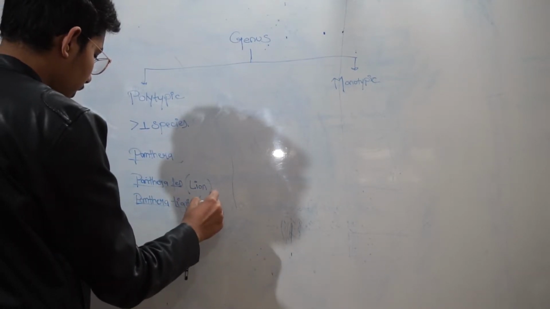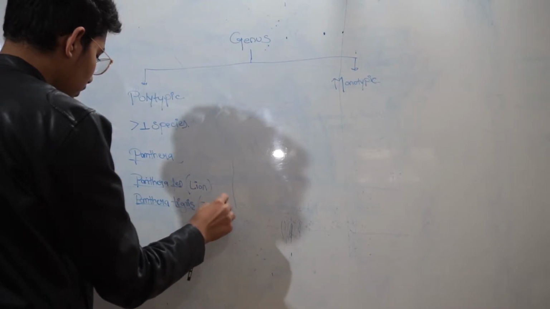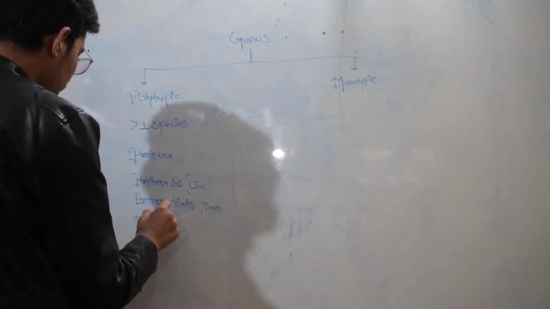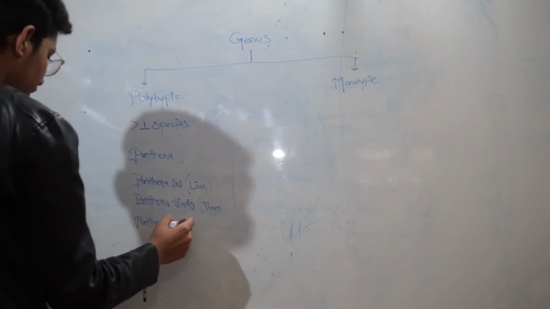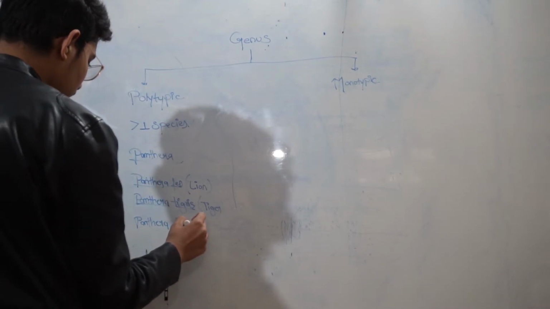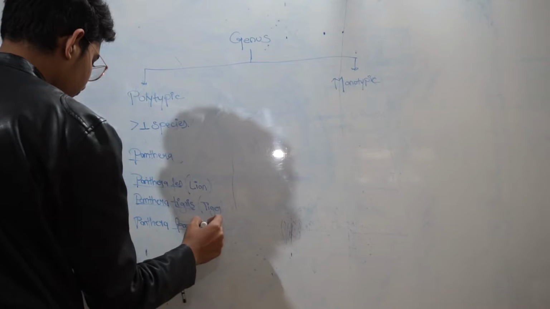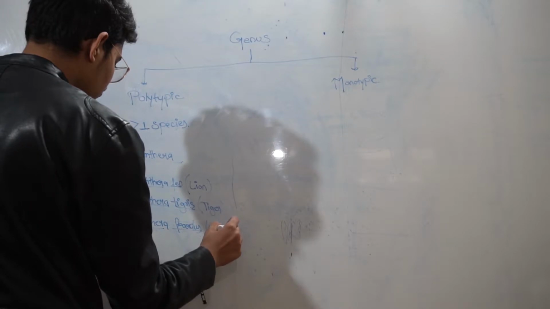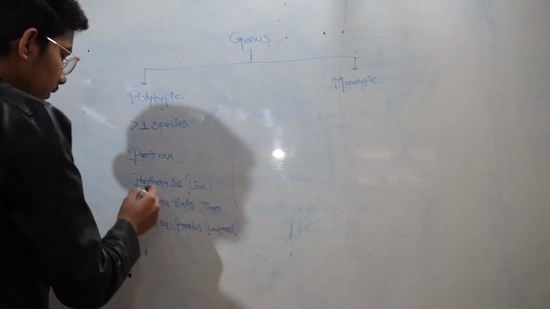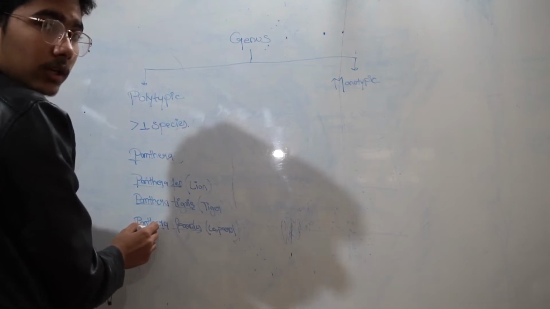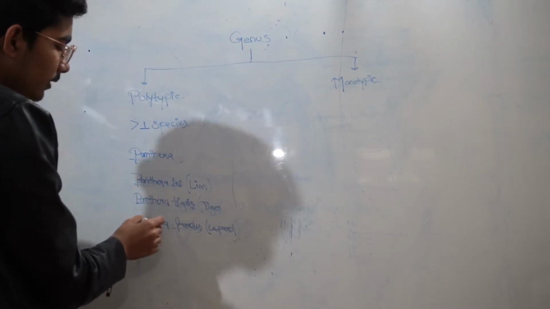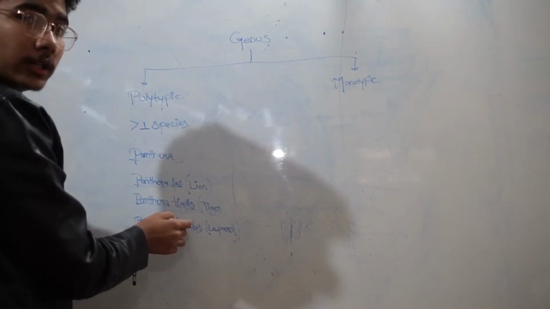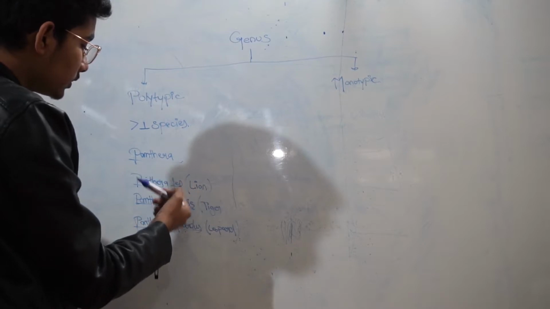It is the example for tiger. And the last one is Panthera pardus. And this is the one for leopard. Here, the generic name is one, which is Panthera, and there is variation in the species epithet.